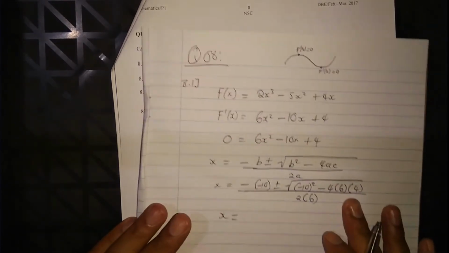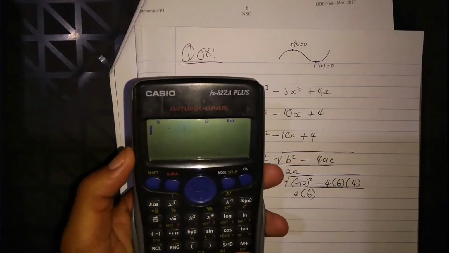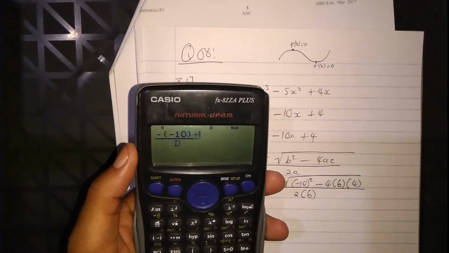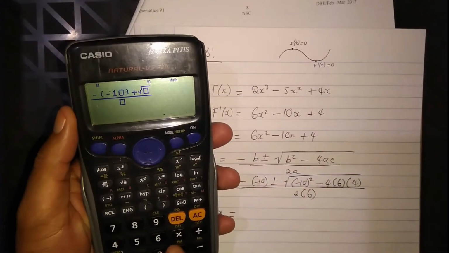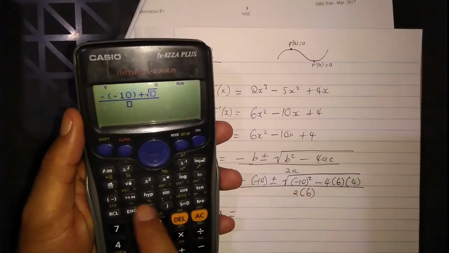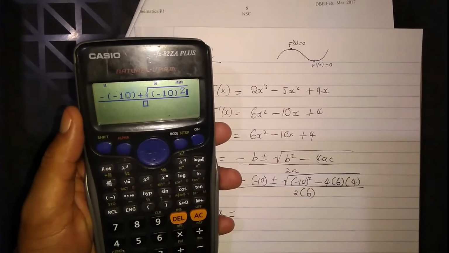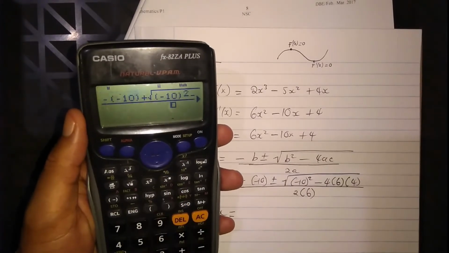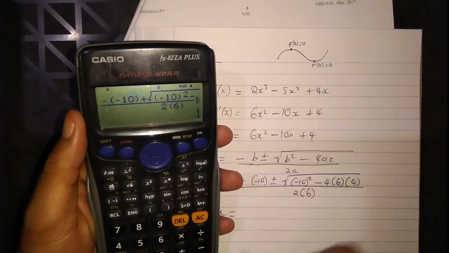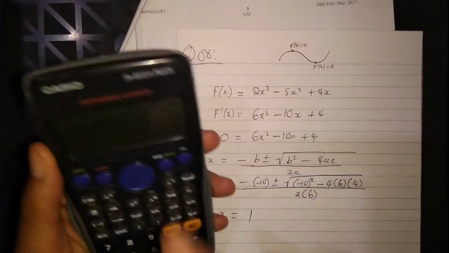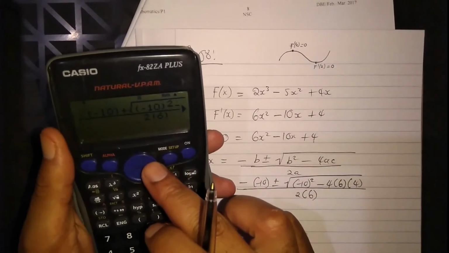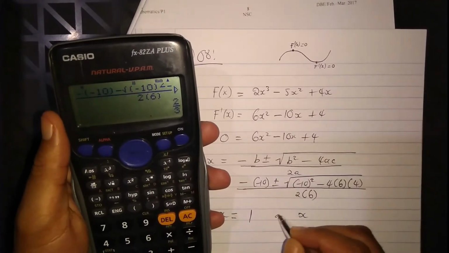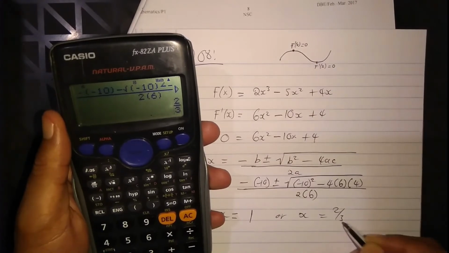So x is equal to minus, open bracket, minus 10, plus the square root. It's plus minus but I start with plus. So we're going to get 2 solutions here. The answer is 1, the first one, and then the second one is negative. So the other x is 2 over 3.